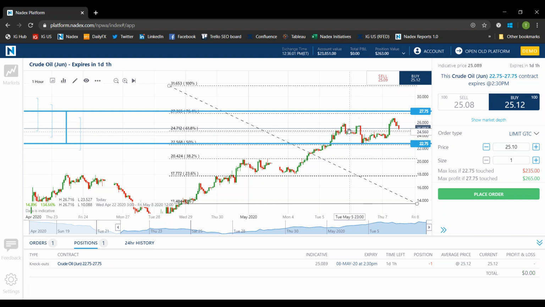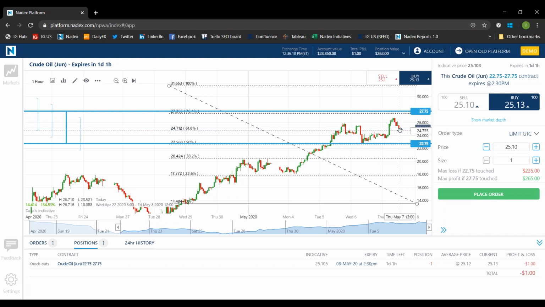In fact, the line right above it, it broke through, but then it came back and it acted as resistance, and eventually it did break through. And now you actually might think that this is a support level right here, if you believed in Fibonacci retracement levels.